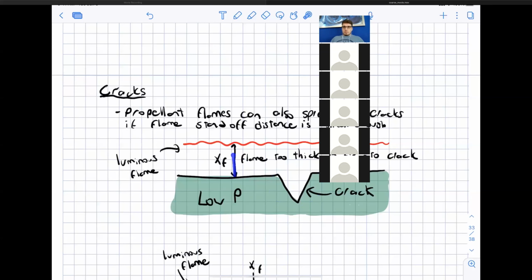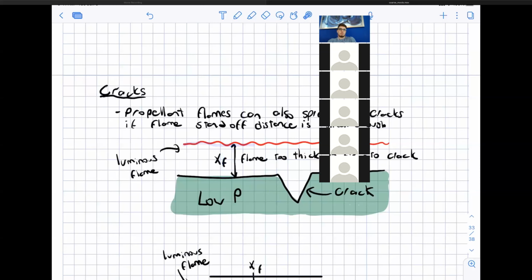And also at low pressure, the flame standoff distance, which you can sort of view as the distance between the propellant surface and the gas phase flame of the propellant, or a mean gas phase flame if it's a heterogeneous propellant, is simply too thick.